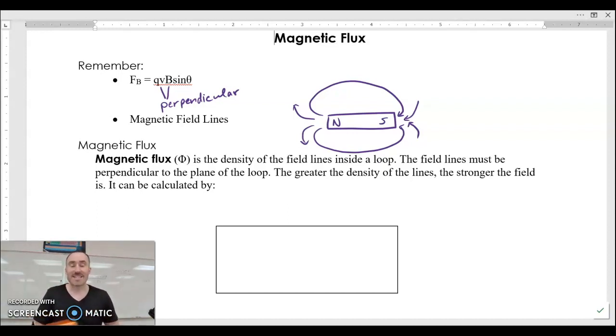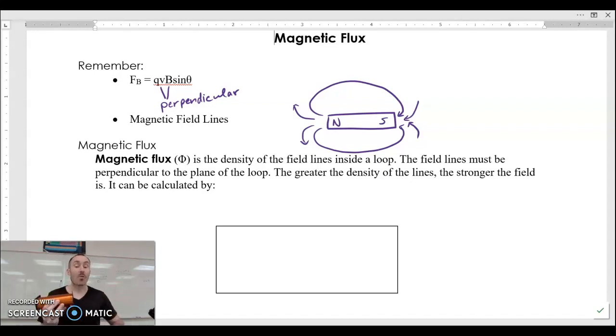So here's the situation. Magnetic flux is the density of field lines through some sort of surface. Okay, that's a little bit strange to think of field lines going through a surface because we haven't really talked about that sort of thing. It's always been field lines in a loop of wire or field lines in the open air or something like that.